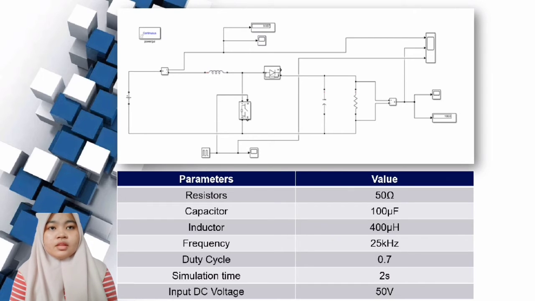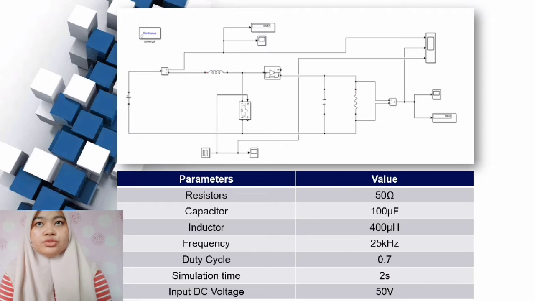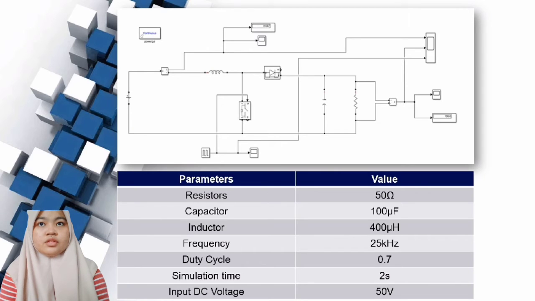We then apply the capacitor, with a value of 100 microfarad, and also the resistor, or the load, with a value of 50 ohm. The resistor is connected in parallel with the capacitor. We also use other probes to get the waveform and to measure the current and voltage.